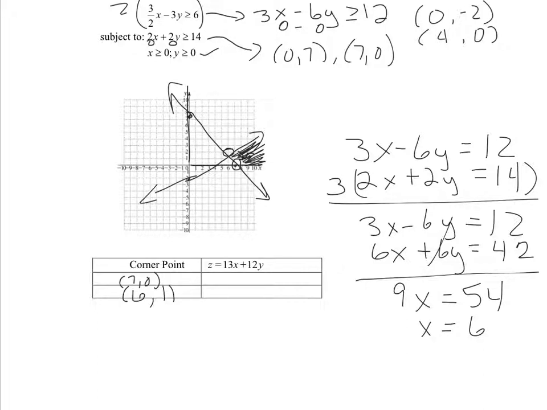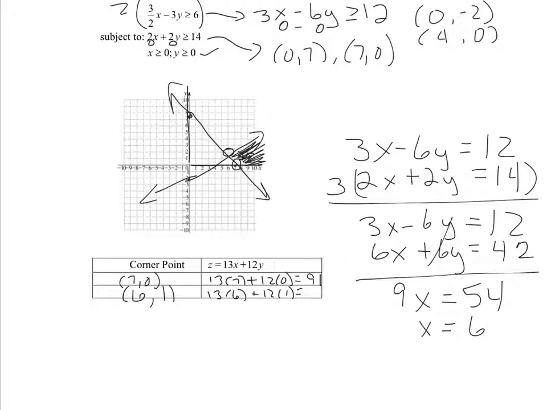Now, let's minimize it. If we take 13 times 7 plus 12 times 0, 13 times 7 is 91. Now let's see what happens if we take 13 times 6 and we add 12 times 1 to it.